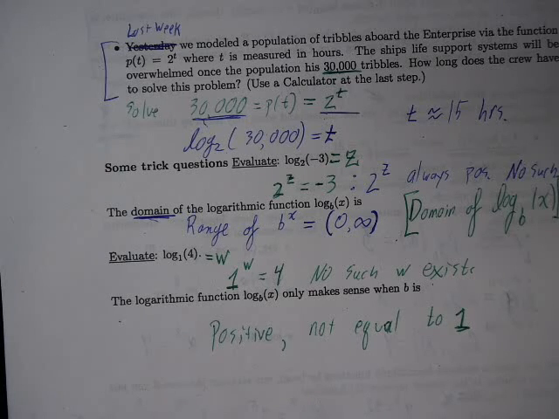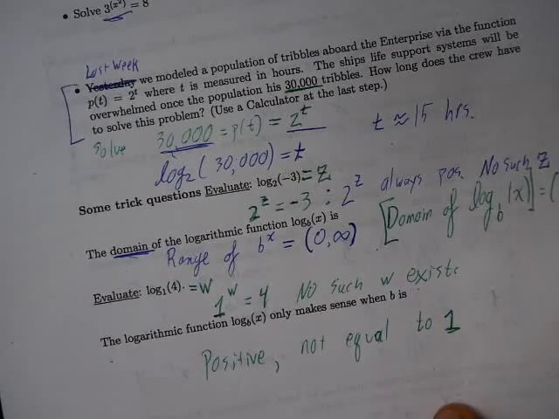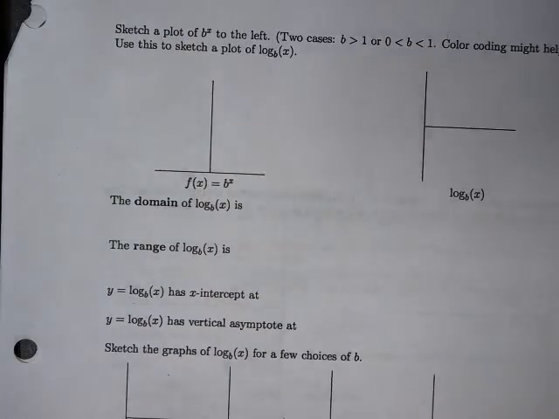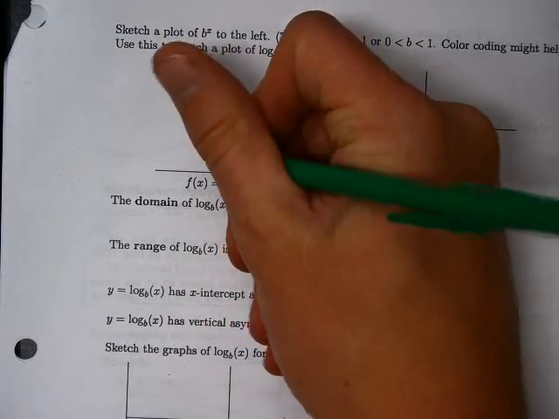Let's do some graphical things with log base b. So let's start by just remembering what the graph of b to the x looks like. Well, what does the graph of b to the x look like for any b? It goes through 0, 1.